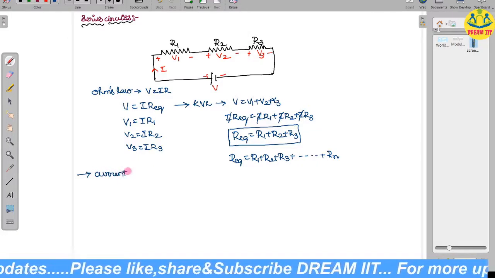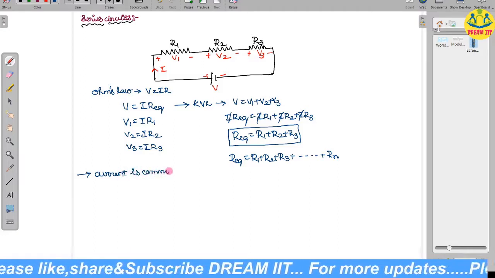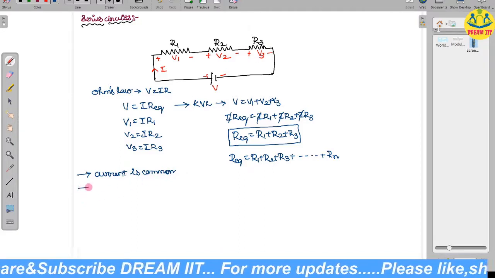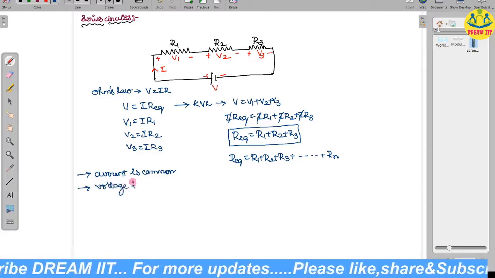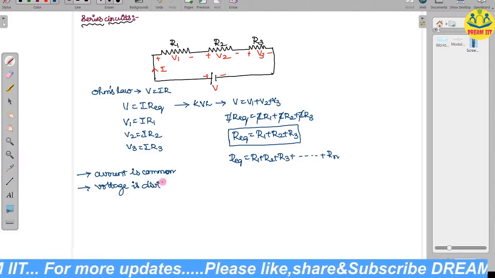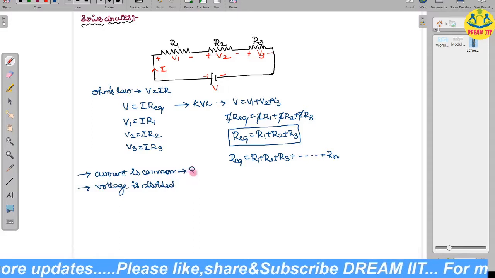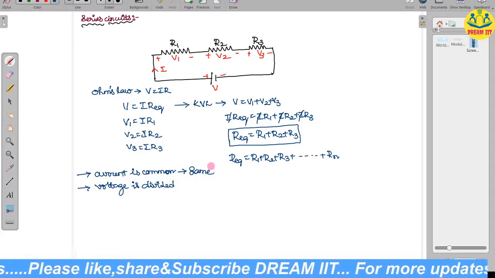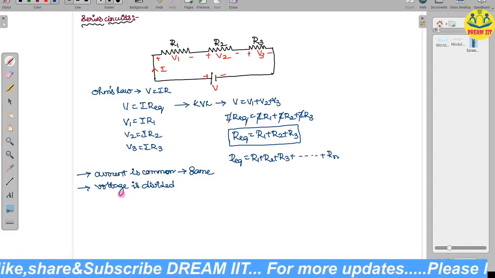This is the property: current is common in the case of series circuits. Voltage is divided here. These are very important points. If you remember this, you can identify that voltage is divided but current is common or same. The current flowing in the elements is the same but voltage is divided in the case of series circuits.